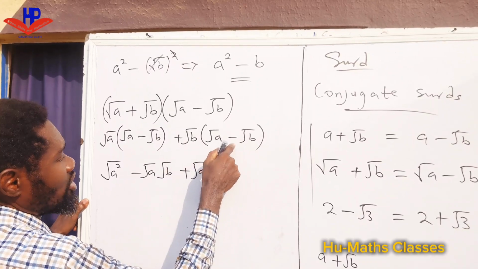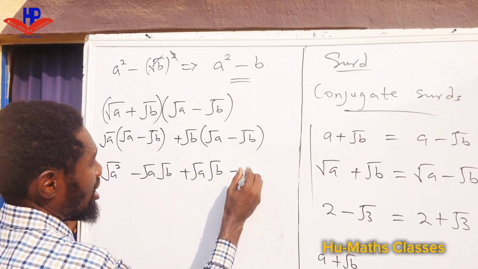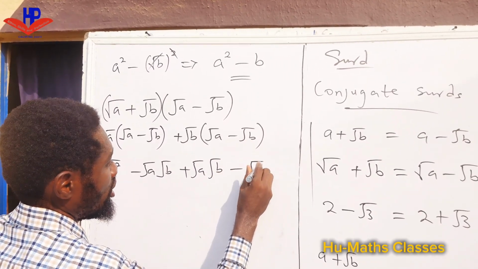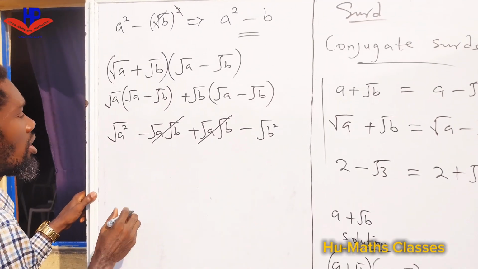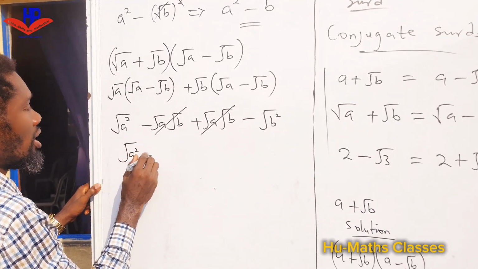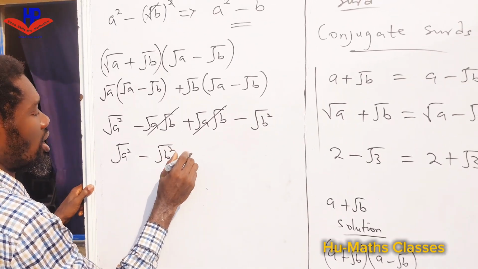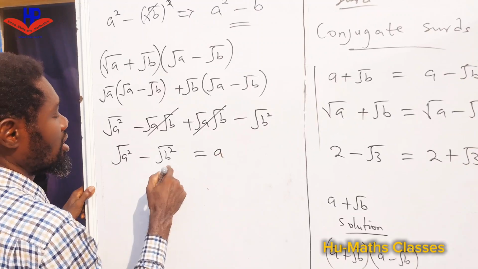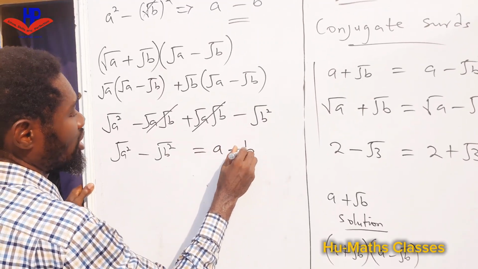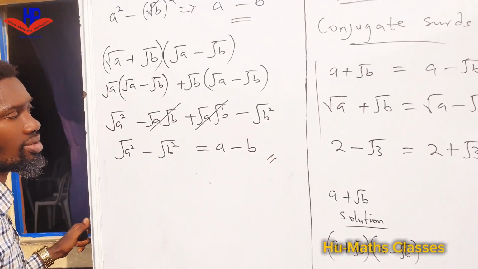Plus root b times minus root b will give us minus root b squared. This is already 0. It's already out. We're left with root a squared minus root b squared. And our final answer: root of a squared is a, root of b squared is b. So our final answer will be a minus b.